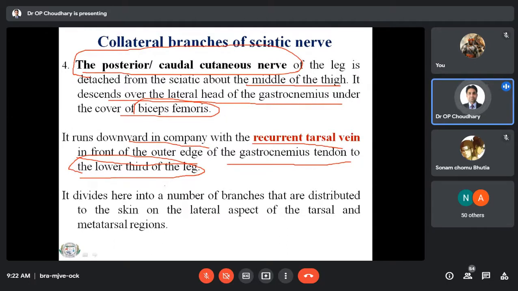Now, the important thing is this posterior caudal cutaneous nerve divides into a number of branches that are distributed to the skin on the lateral aspect of the tarsal and metatarsus region. So the areas present over the tarsus and metatarsus region are usually innervated by the posterior or caudal cutaneous nerve.